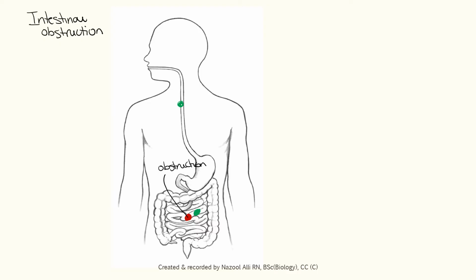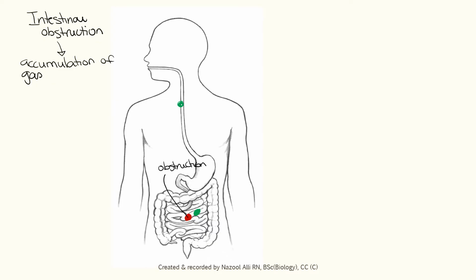Now remember, we talked about the enteric nervous system that not only promotes the peristalsis, but it's also going to encourage gastric juices, all those things to be released to try to break down this bolus of food. But once the food has hit that obstruction point, what you're now going to see with your patient with an intestinal obstruction, there's going to be an accumulation of gases, and so that gas that is being accumulated there could be as a result of the patient swallowing air just from talking and all those activities, or it could be from intestinal bacterial metabolism that's occurring.